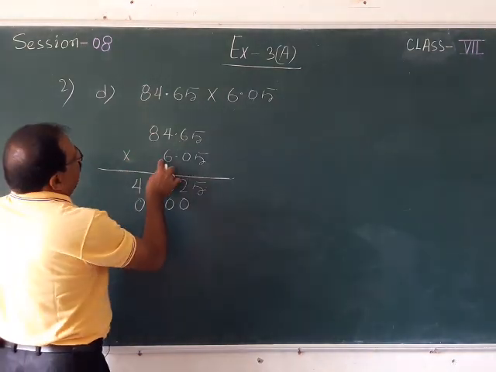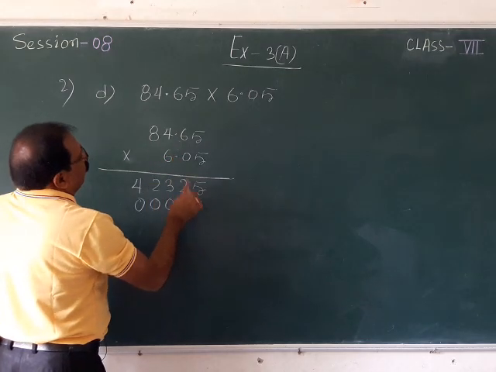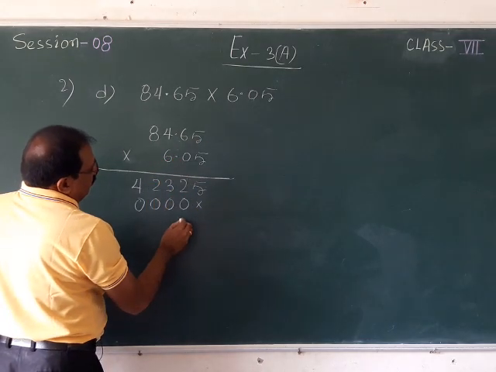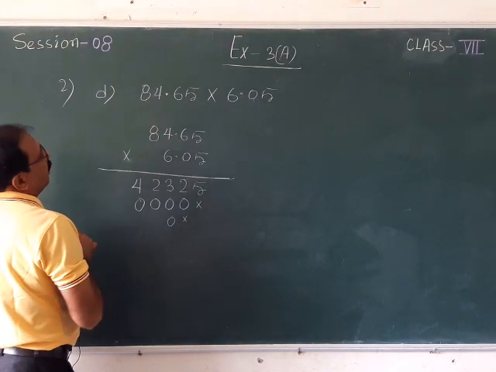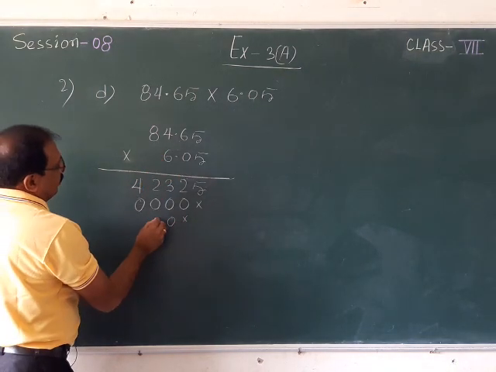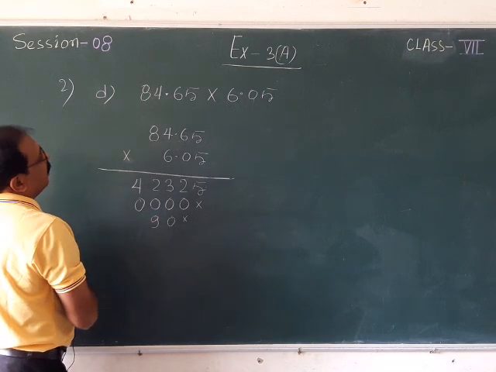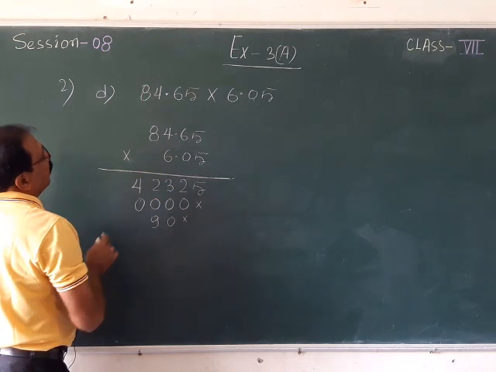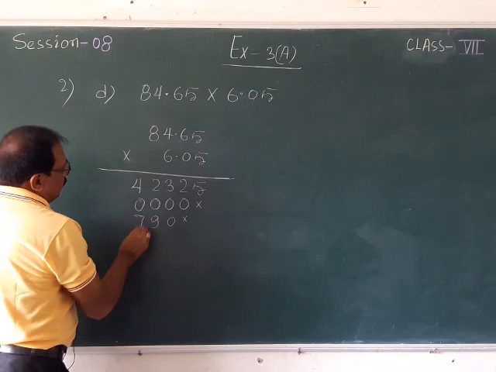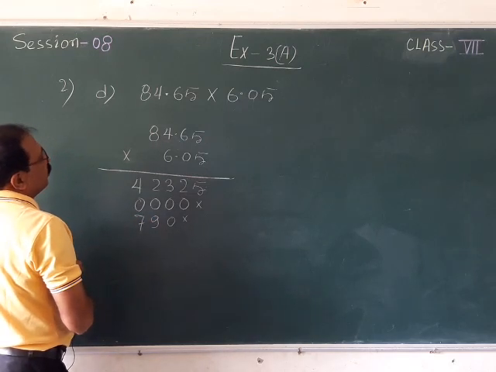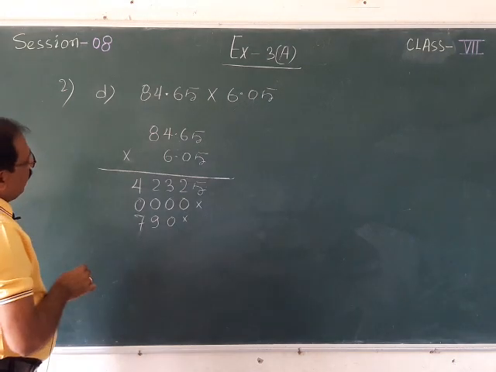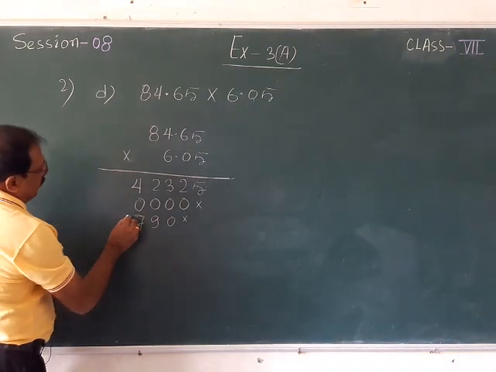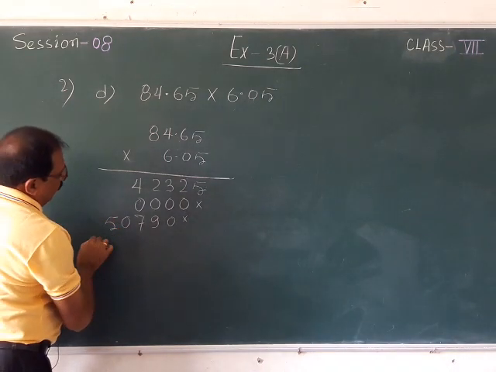Now multiplying by 6. 6 5s are 30, 0 carry 3, 6 6s are 36 and 3 is 39, 9 carry 3, and 6 4s are 24 and 3 is 27, 7 carry 2, 6 8s are 48 and 2 is 50.